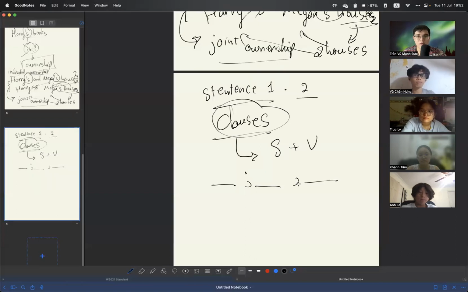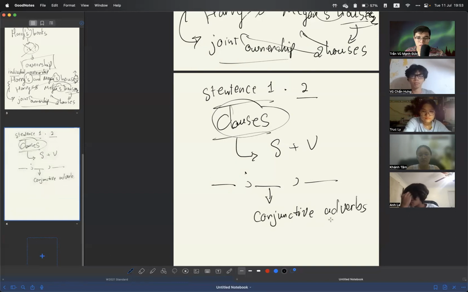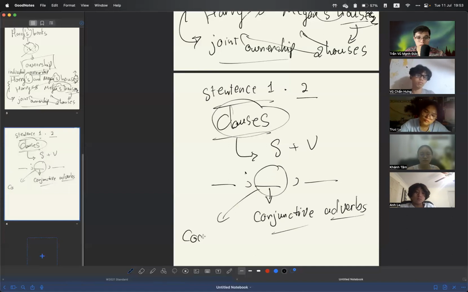Yes, a linking verb, or you can say it's a conjunctive adverb. Or you can say it's a linking verb, but that's not correct because linking a word, it also has coordinating conjunction.